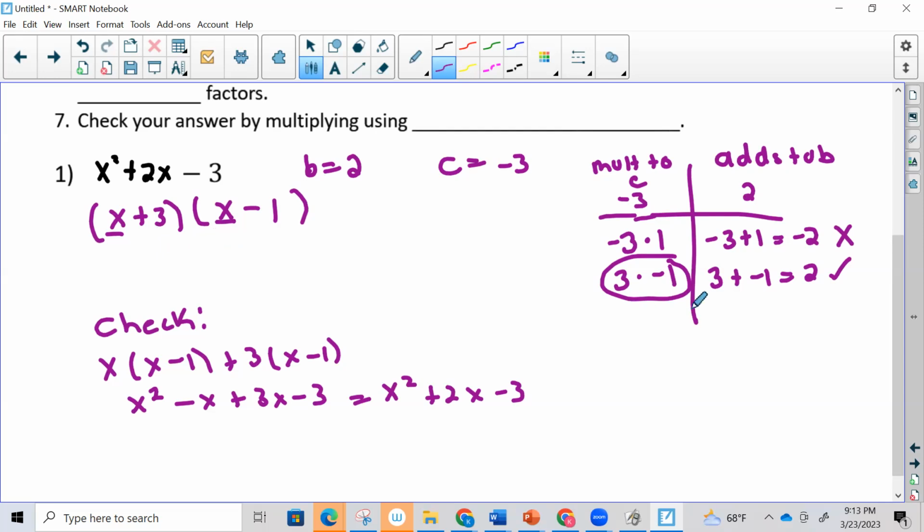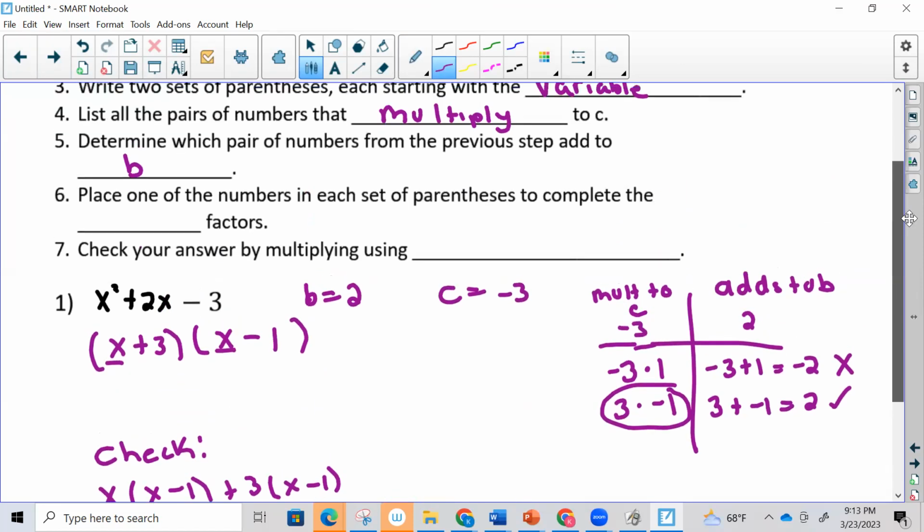Okay. So this is how we factor a trinomial. Now, if you have good number sense and you don't need to list these all out, or you don't even need to make the chart, that's perfectly fine. But this is helpful for those who need to write all the steps out.